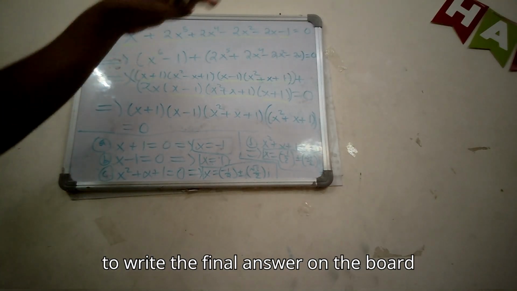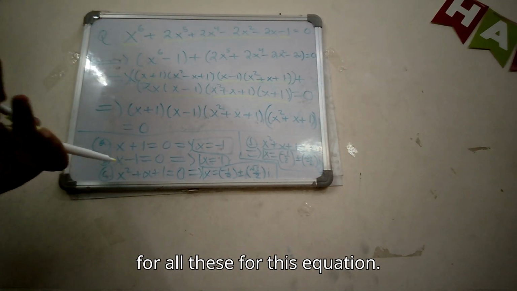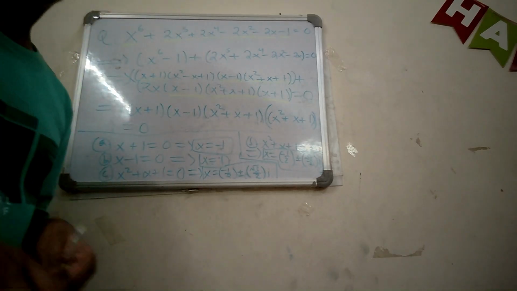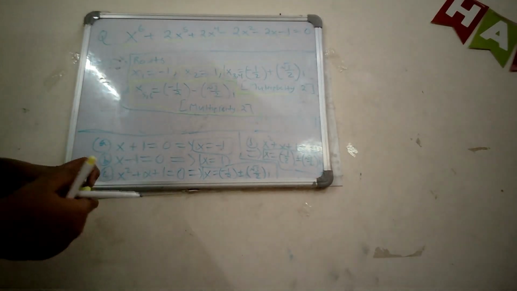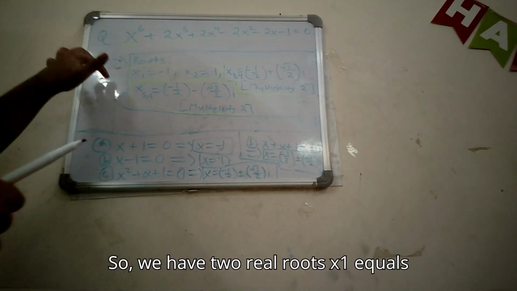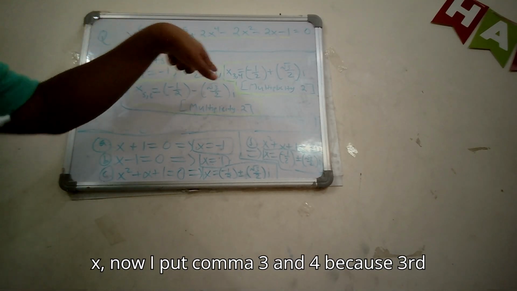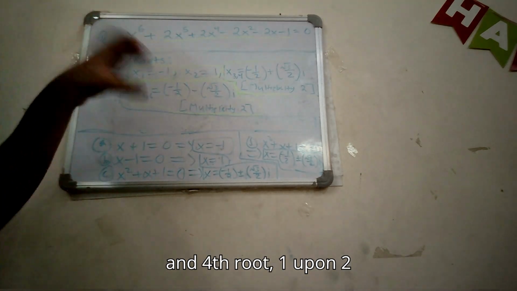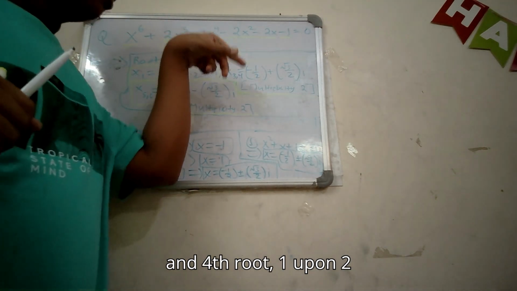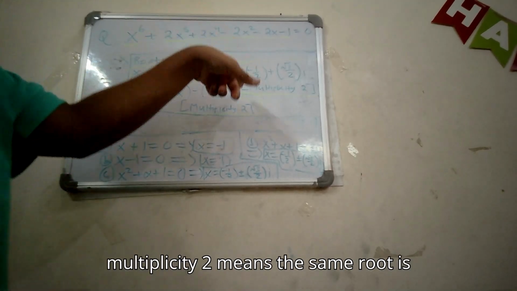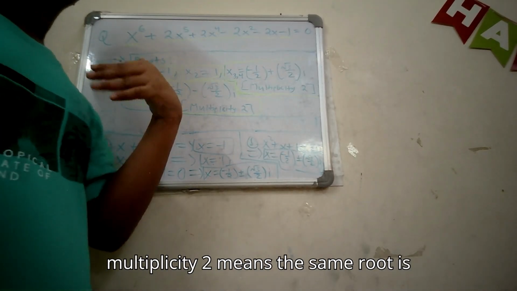Okay, I'm just going to write the final answer on the board for this equation. So these are the final roots. We have two real roots, x1 equals minus 1 and x2 equals 1. Then x3,4 is negative 1/2 plus the square root of 3 over 2 i, with multiplicity 2, which means the same root is appearing twice.